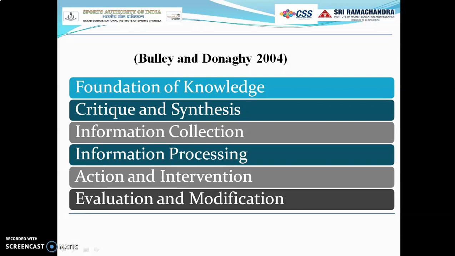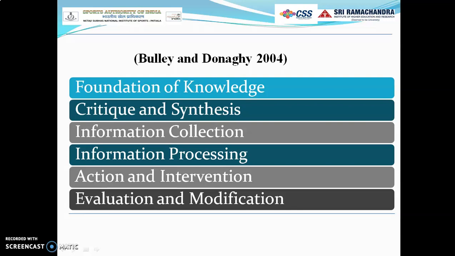Mostly, critical thinking and synthesis are used in rehabilitation, and appropriately integrate new innovations into practice, like what we have seen in the previous slides. So whatever knowledge we acquire, the new knowledge and innovation, we put into clinical practice. That's called critique and synthesis.